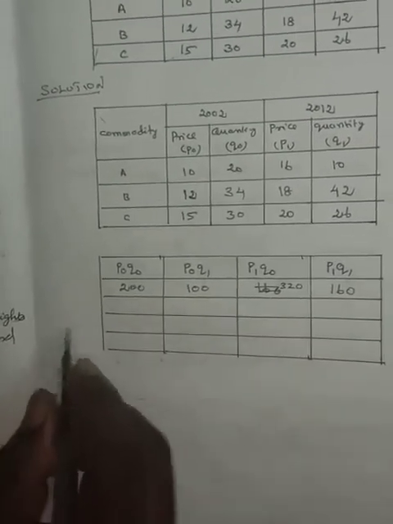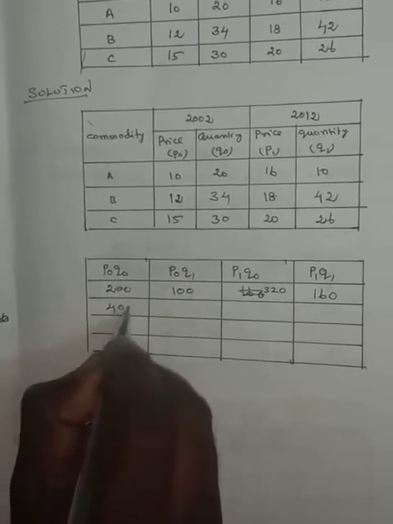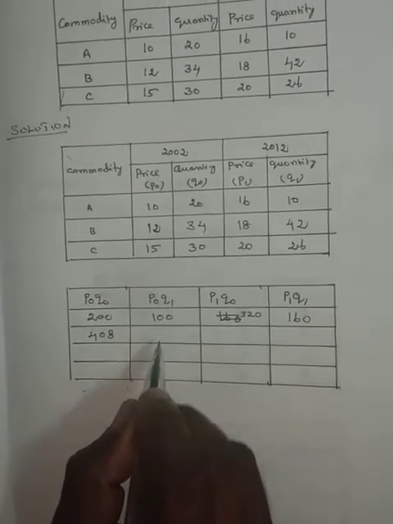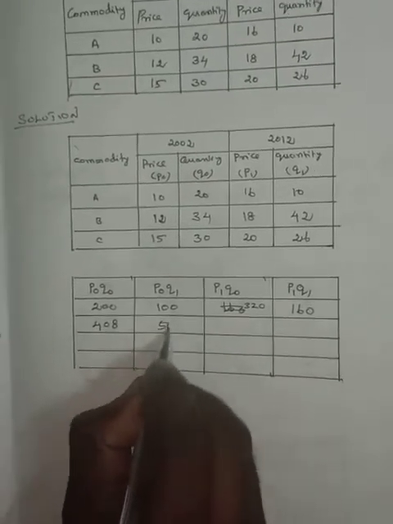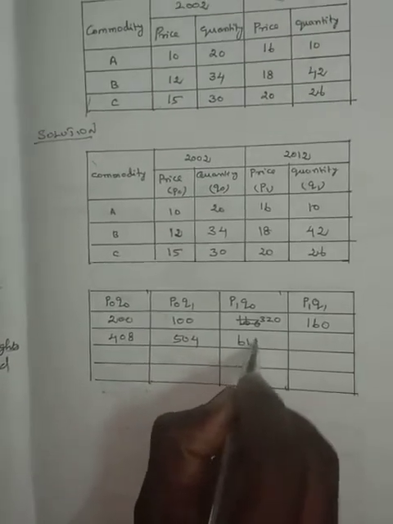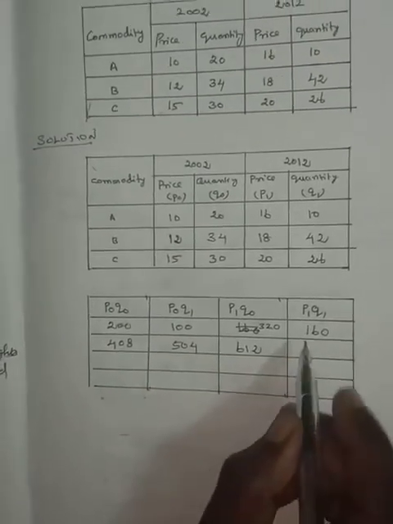Next 408. P0 Q1, commodity B, 504. Next 612. Next 756.